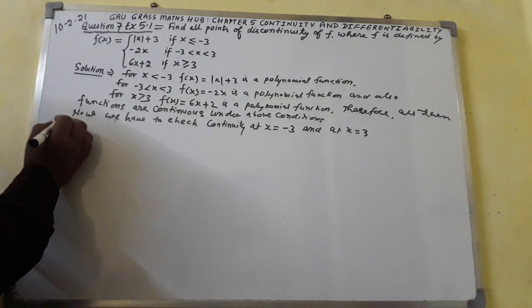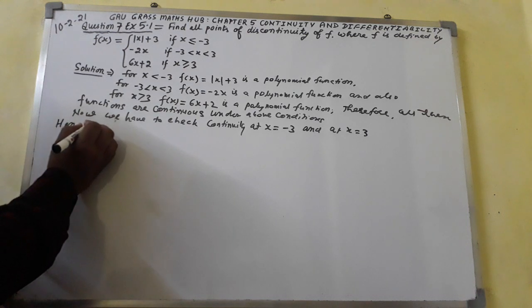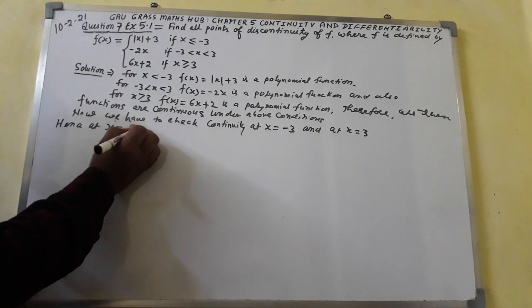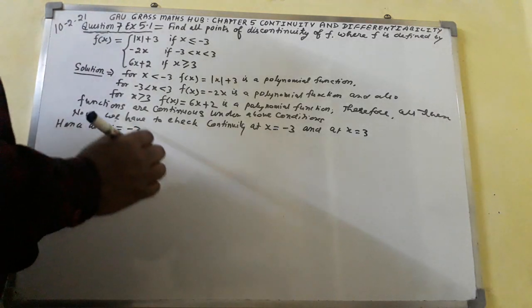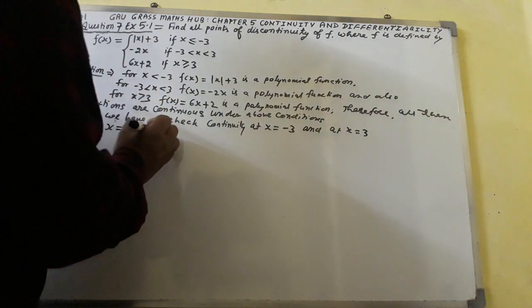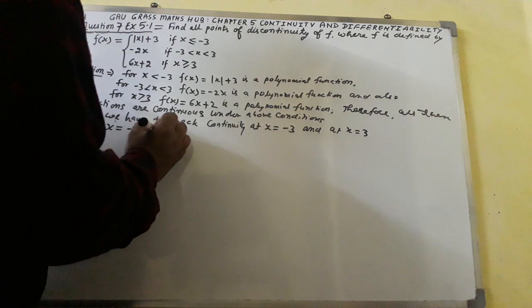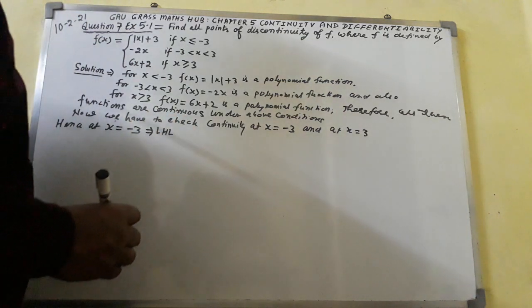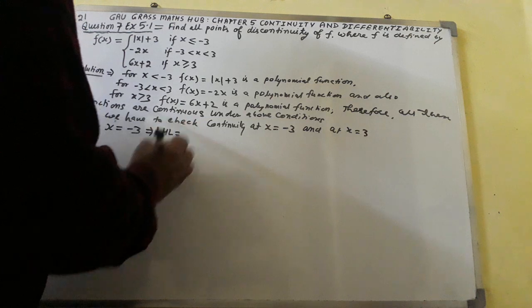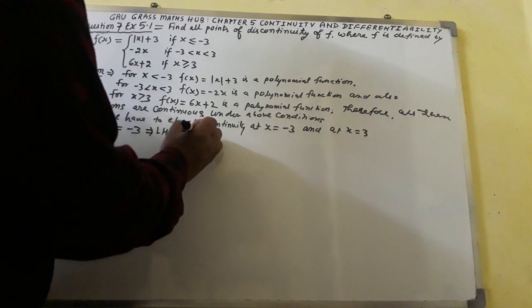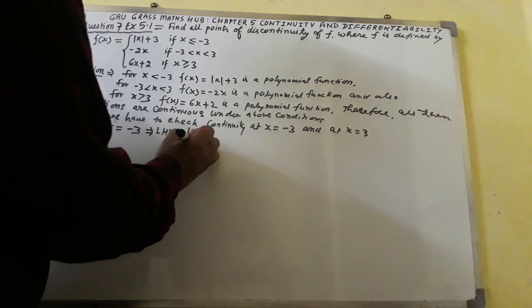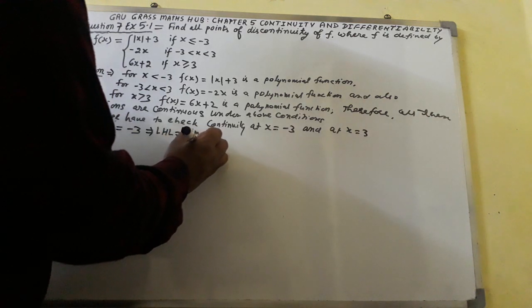So here I shall write, hence at x equal to minus 3, we have to check continuity, which implies that the left hand limit is equal to the left hand limit f tends minus 3 negative.